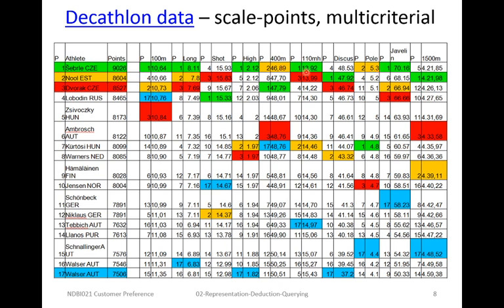Maybe he won only 2 of them, but you see in some disciplines he was even better, for instance here in the 400-meter, or here in the pole vault. And then we have the third athlete here in color, and then the last one.